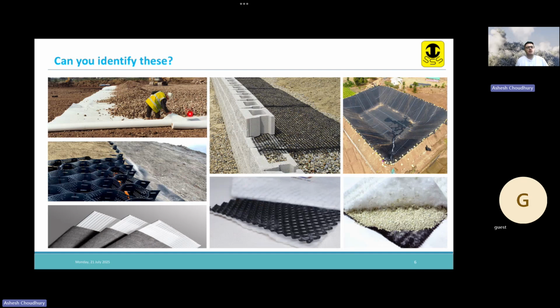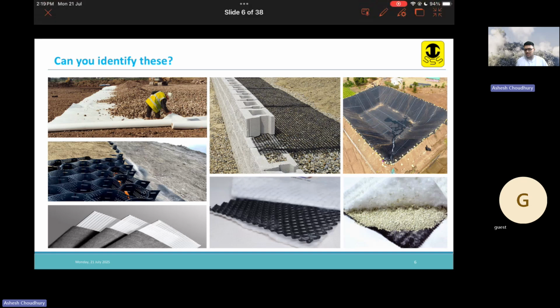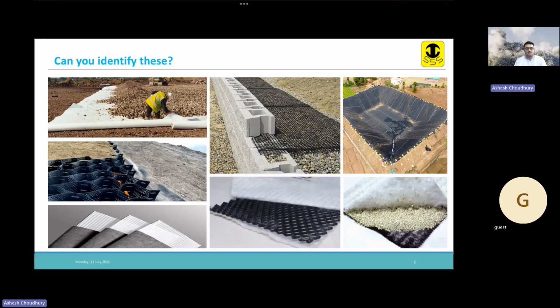So the first thing that we see here is this white sheet, over which we have placed some pebbles. This is the geotextile.